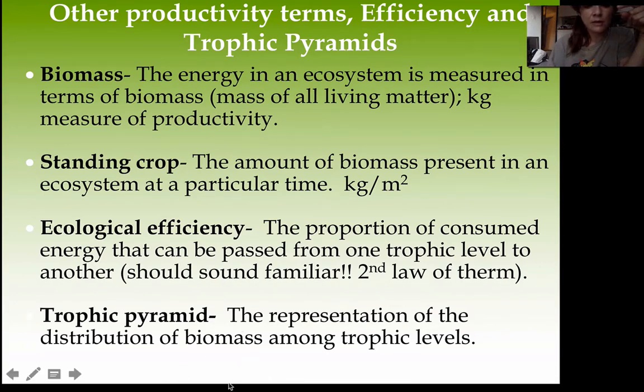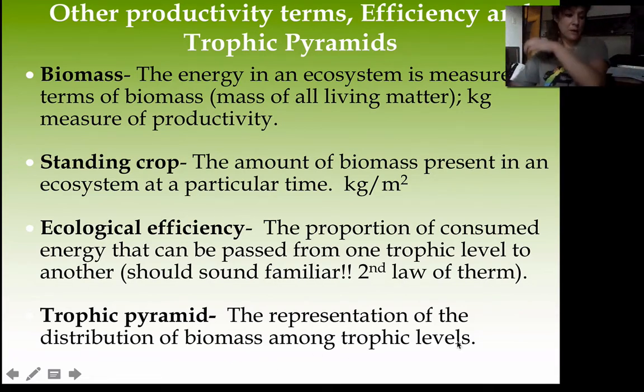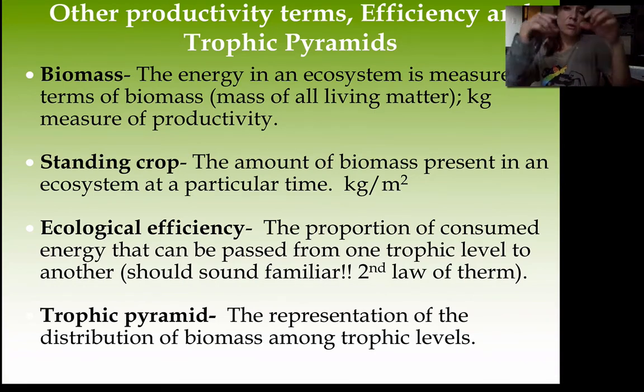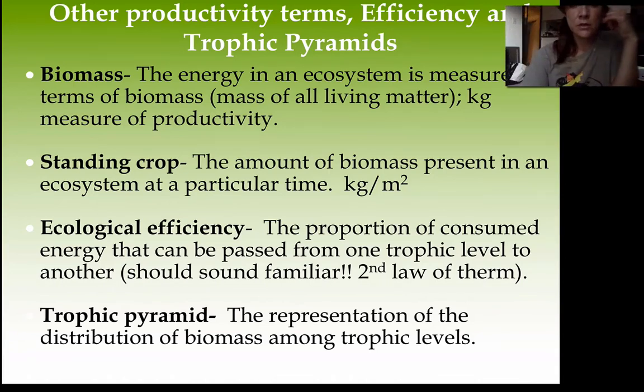They represent how much biomass is present among trophic levels, or how much energy you've got within one trophic level, how much can go into the next trophic level, and so on. It represents the energy that is consumed as one trophic level eats another.